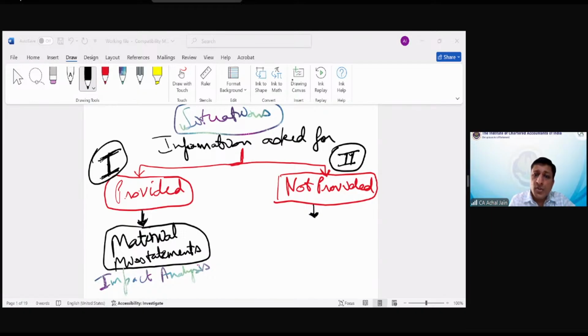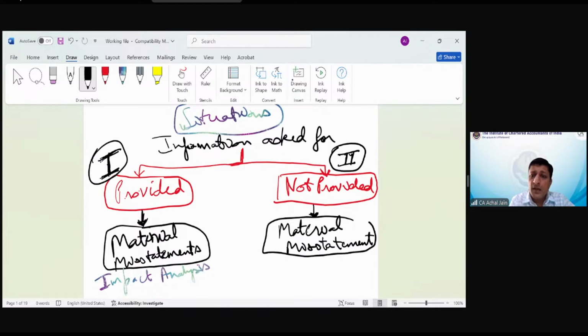So in this case, once again, auditor may say that there is a material misstatement, for which he will say there is a possibility. Why?